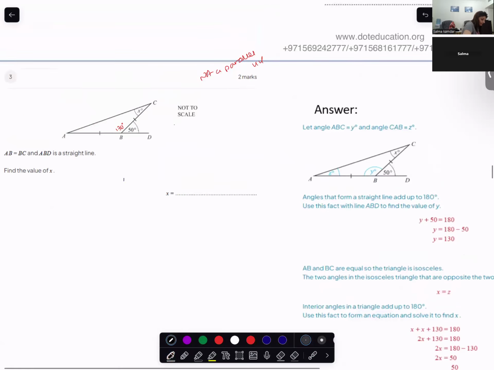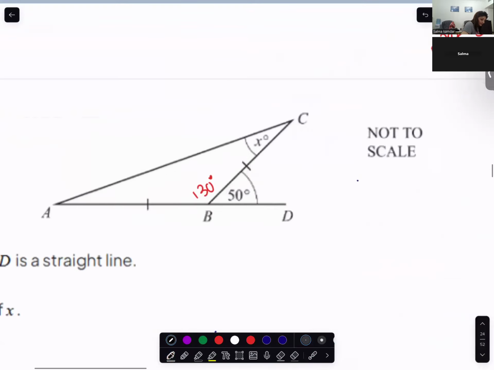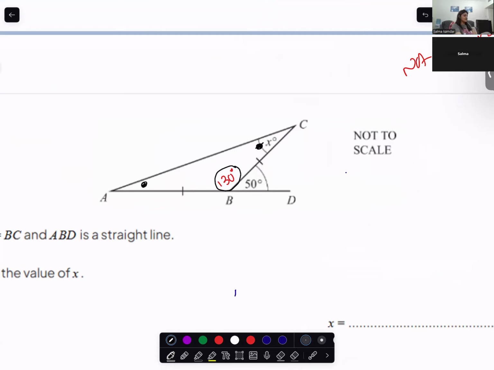Now, I know this 130 degree plus this angle and this angle, which are equal base angles of isosceles triangles. What are these? Base angles of isosceles triangle. This will make 180 degree.